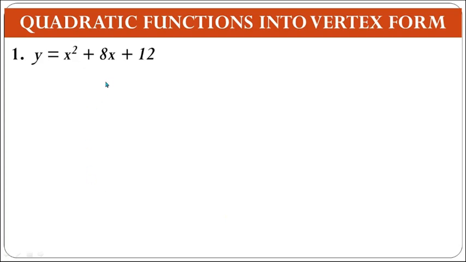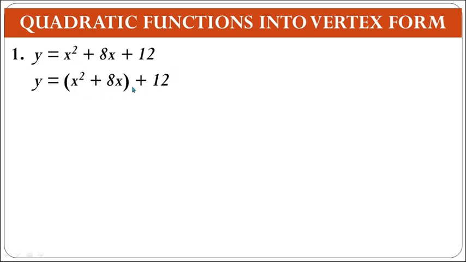So, standard form quadratic equation into vertex form. So, ano yung gagawin natin when we transfer it into vertex form? So, simplify and rewrite the given quadratic function in the form na ganyan, using the completing square method.